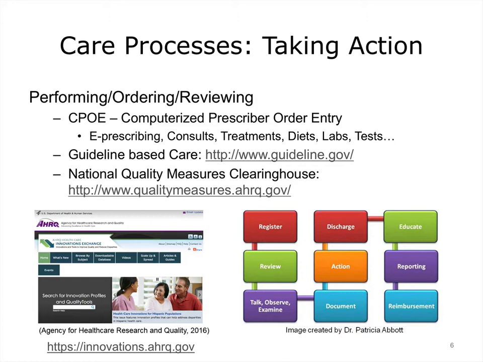This is part of the movement toward meaningful use, particularly when we talk about the Quality Measures Clearinghouse. The URL on the bottom left of the slide links to a toolbox at the AHRQ called the Healthcare Innovations Exchange. This is where you can find decision aids and tools to support shared decision-making and guideline-based care documents. It's a good idea to bookmark these powerful resources.